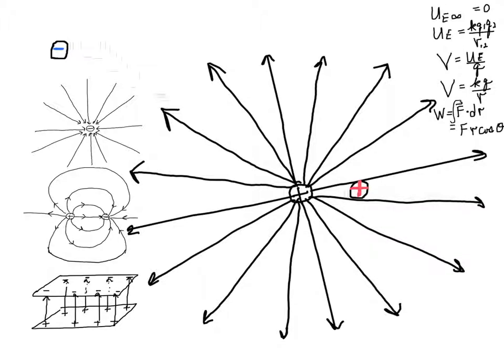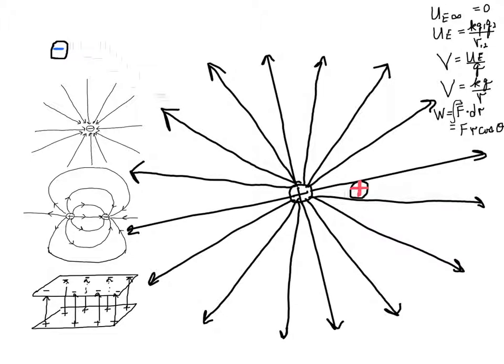Now the way we would calculate that is we could use this equation, right? This charge times K divided by the separation between them would give us the energy. That comes, we'll talk about where that comes from later. So as R gets smaller, the energy gets bigger.